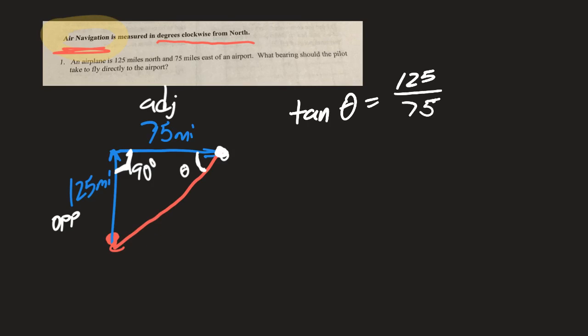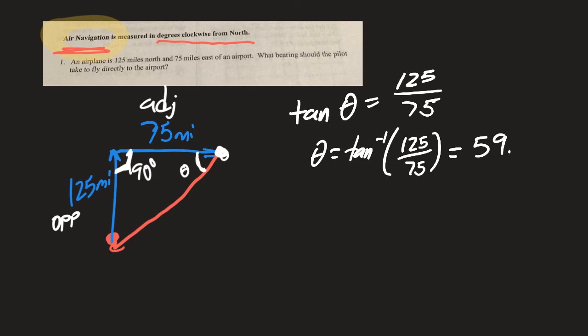And to get just the angle, I'm going to have to use that inverse again. So theta is tangent inverse of 125/75. If I plug that in my calculator, I get 59.036 degrees. And that's this theta angle right here.